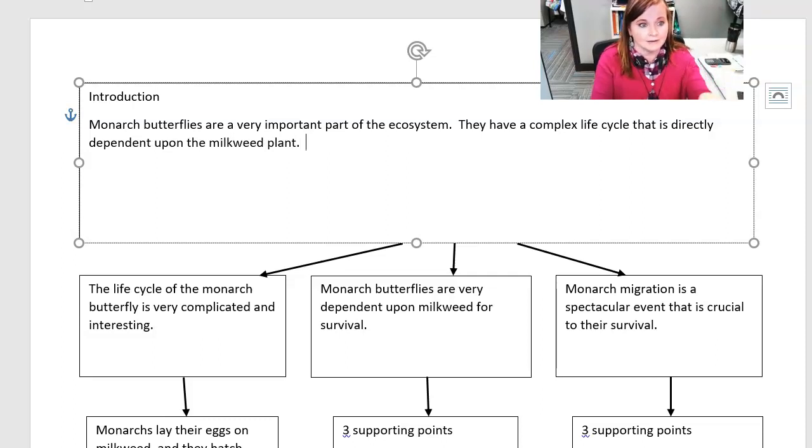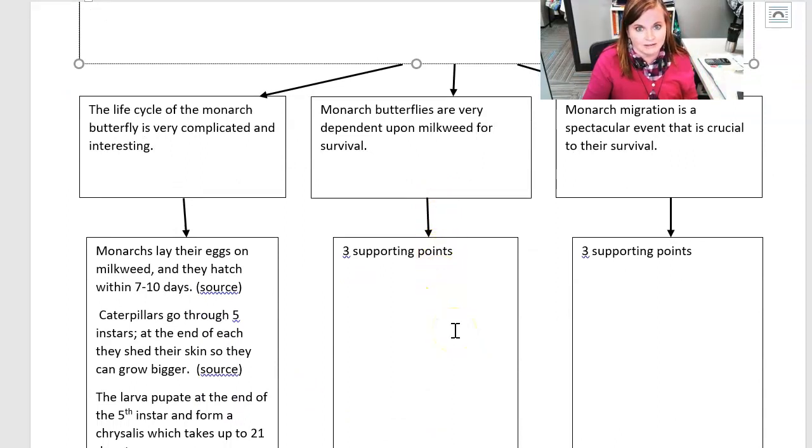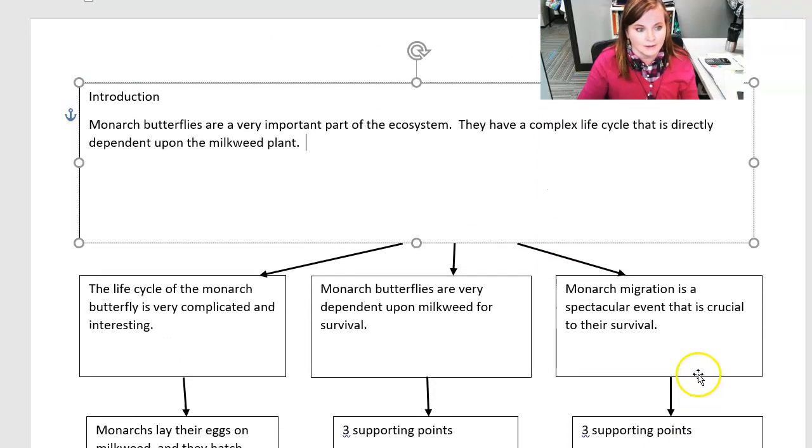And then in my second group here, I will talk about how the milkweed plant is actually in danger because of habitat destruction and habitat fragmentation. And in this part, I'm going to talk about how they all migrate to Mexico, after the fourth generation of monarchs will migrate to Mexico and overwinter to come back the next year to keep the species going. So those are the things I'm going to be discussing.